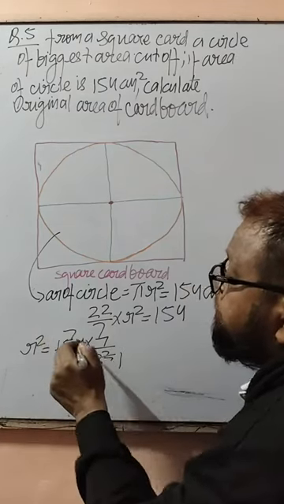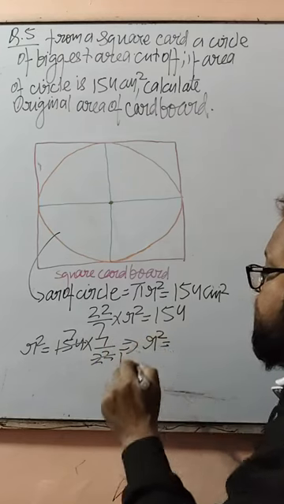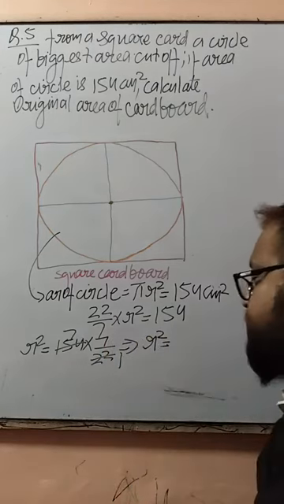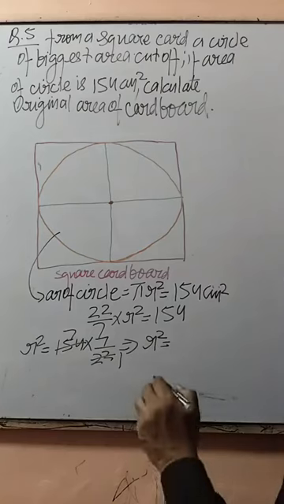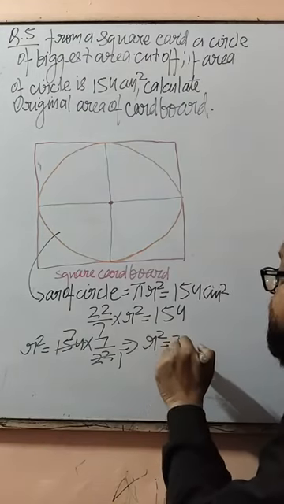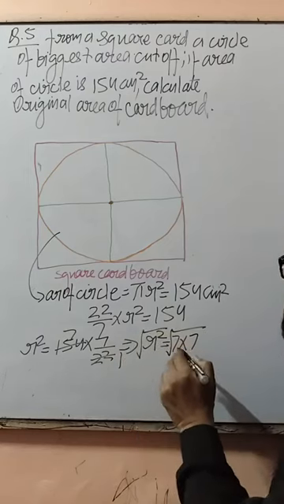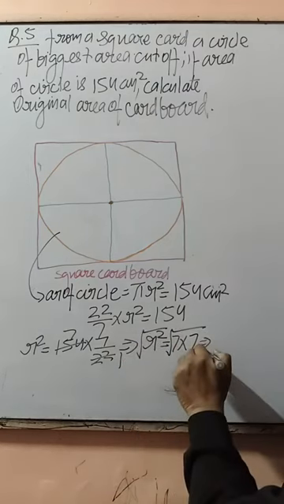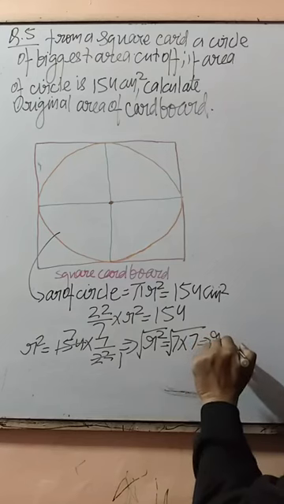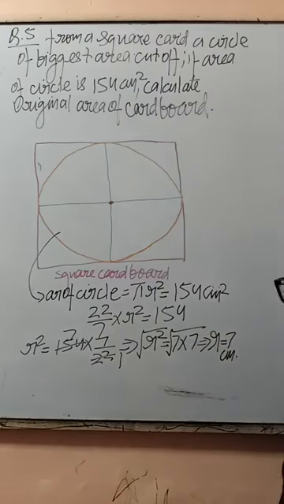So you get r square is equal to 49, 7 into 7. Take root over both sides. So radius is equal to 7 centimeters. Right?